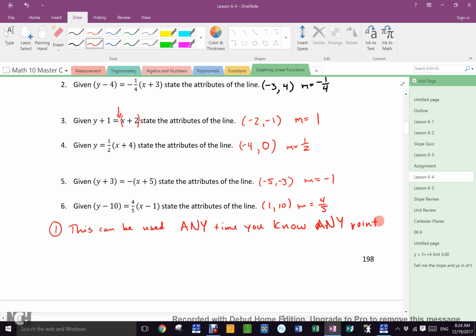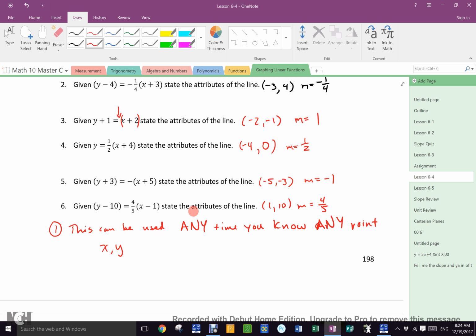Now, what do I mean by that? Any point on the graph will work in this form, even if it is an intercept that we can use in other forms. Does everybody understand what I am saying? As long as you have an x and a y, you can use this form. Any x and y. Everybody with me?